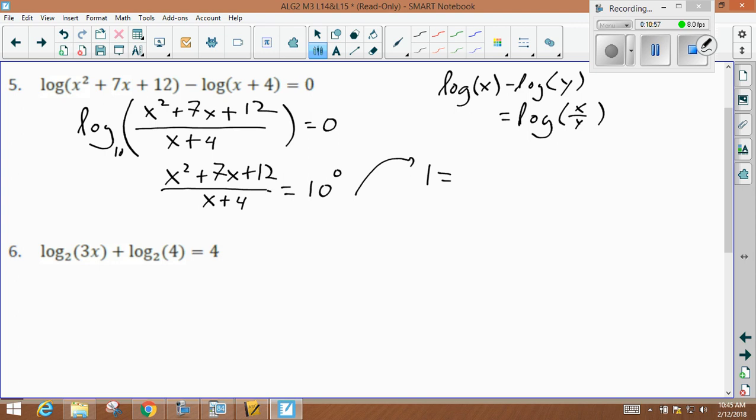I got to think of two numbers that if I multiply them together, I get 12, but if I add them, I get 7. How about 4 and 3? So this is x plus 4 times x plus 3 all over x plus 4. Hey, that's nice. Why? Things cancel.